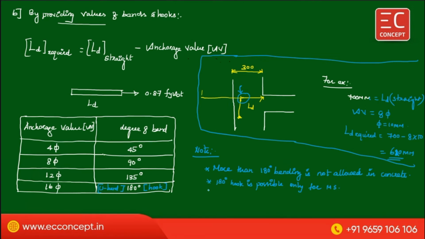For HYSD bar, the maximum allowed is 135 degree. So that is the thing. Understood? Now we move on.